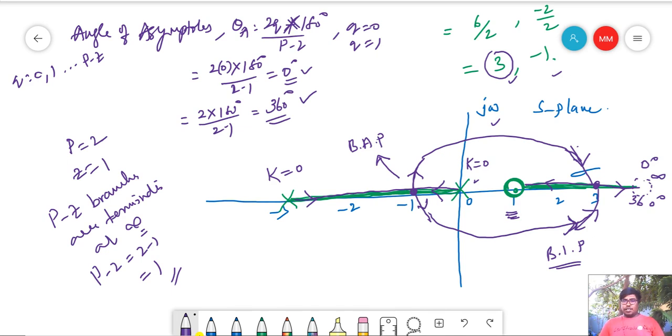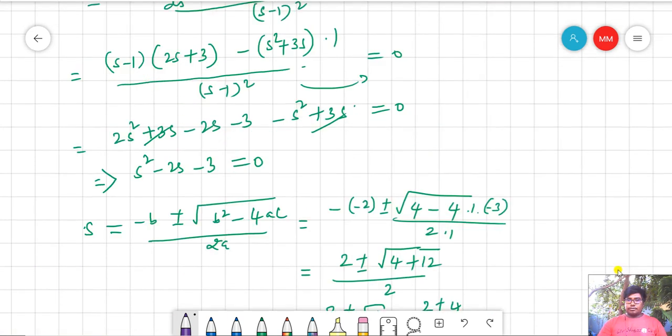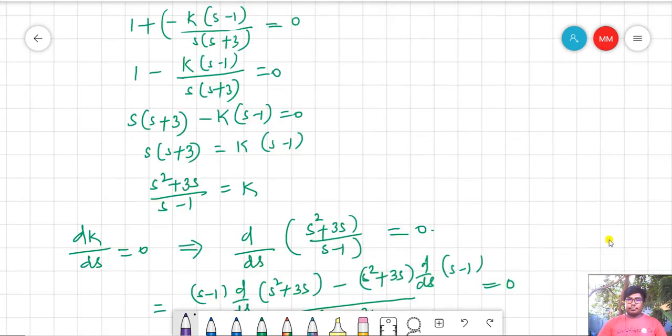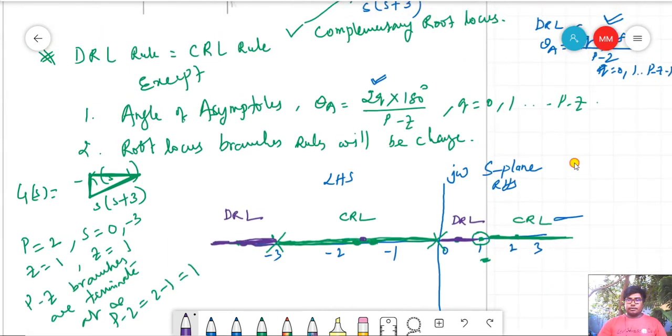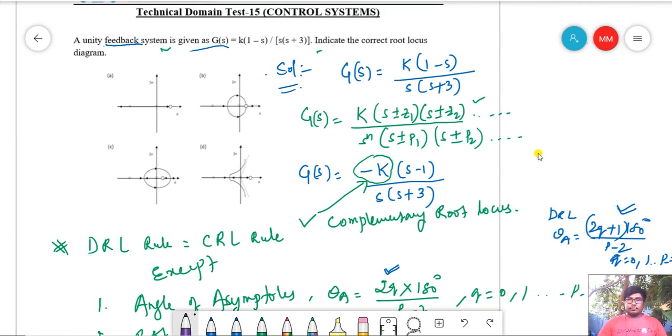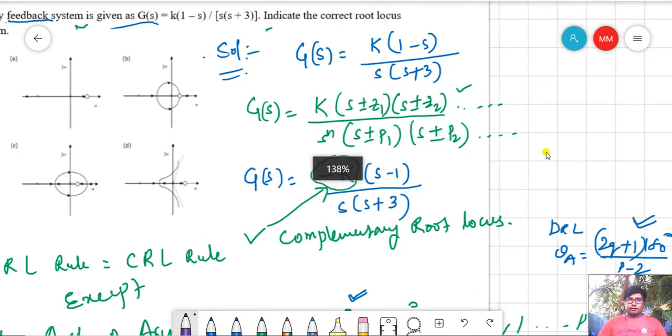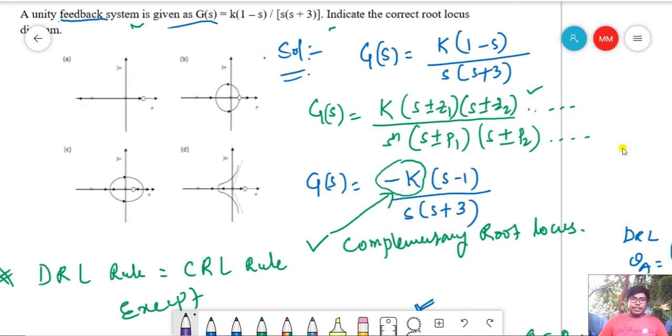Okay, now we will check the answer. See here, answer A is a direct root locus, but due to the negative value of k, this is wrong.